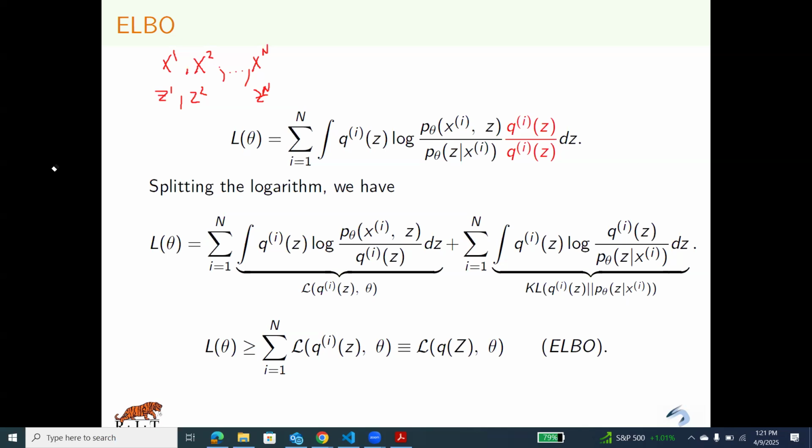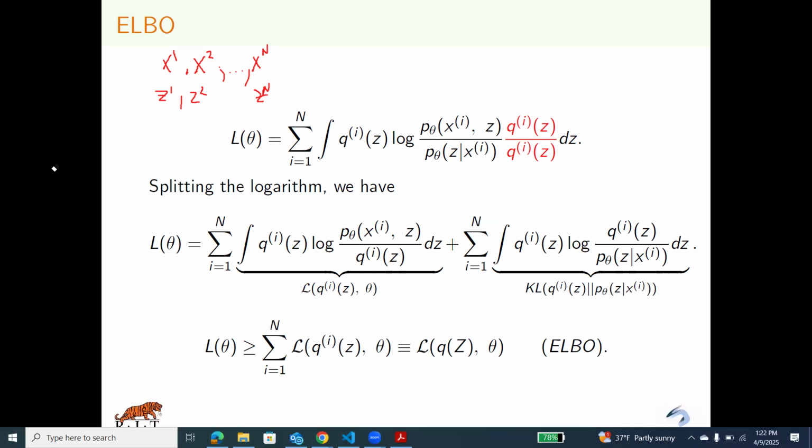If we just remove this term, the sum will be smaller. So we have this inequality that partial likelihood is bounded below by the first term. And the first term is called evidence lower bound, ELBO, because it's a lower bound for our likelihood.